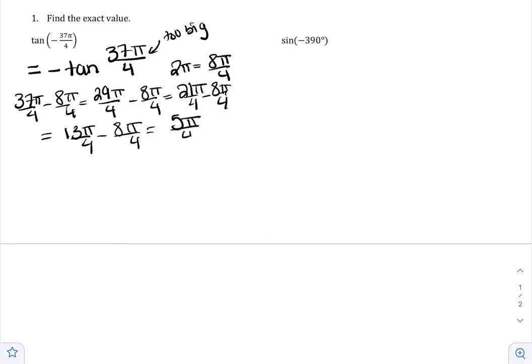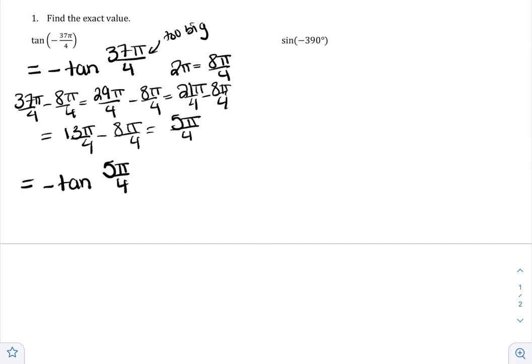You could also do the trick that we've discussed previously, which is to subtract, which is what I was thinking in my mind when I wrote 32. You can subtract all 4 revolutions at once. So you could do 37 minus 32 if you recognize that there are going to be 4 multiples of 8 inside 37. So this is equal to negative tangent of 5 pi over 4.